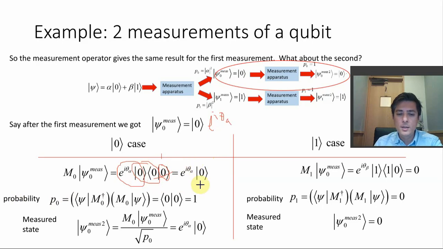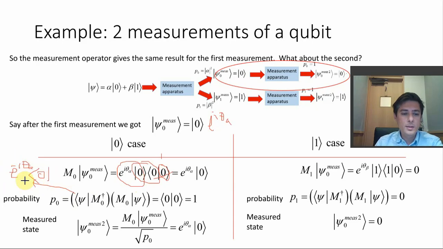The probability is going to be this state times the conjugate vector version. So when you substitute this into here, and then take the conjugate version, this conjugate vector here is actually going to be e to the minus i theta a, and then the conjugate vector 0.